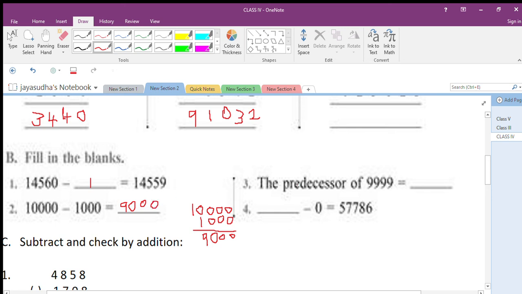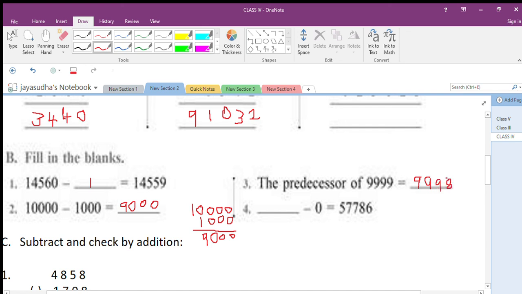Next, move on to the third sum. The predecessor of 9,999. Predecessor means what, children? Before number. Predecessor means before number. So 9,999, the before number is what? 9,998.